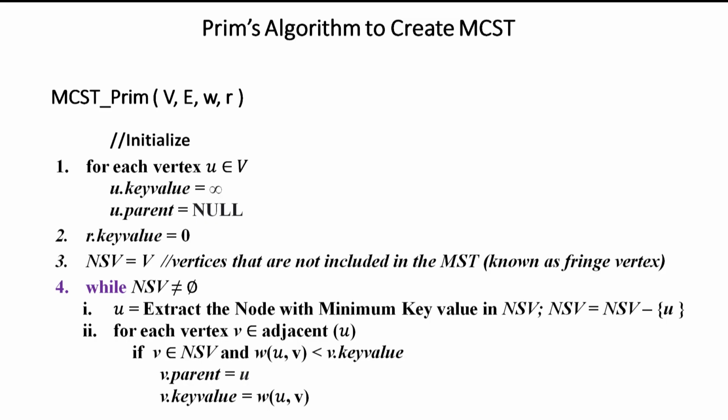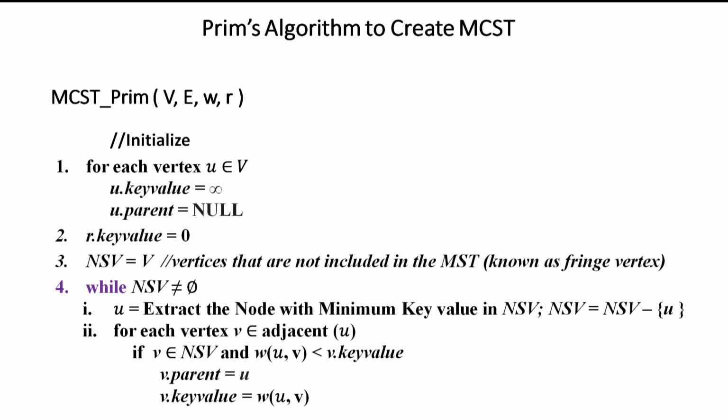In Prim's algorithm, the first step is initialization. In fact, the first 3 steps are initialization steps. In step number 1, for each vertex u which belongs to the set of vertices V, the key value of the vertex is initialized to infinity.